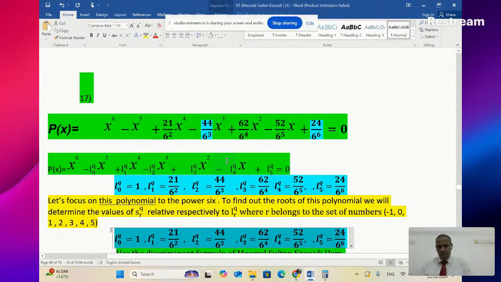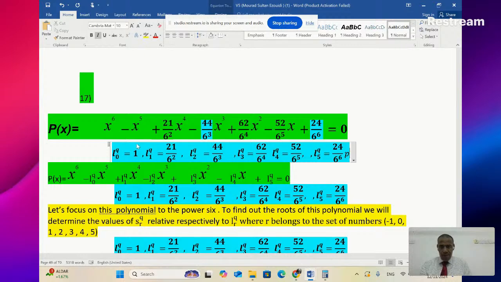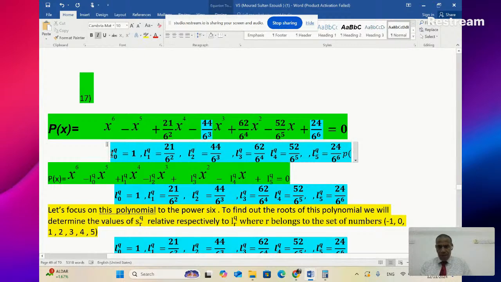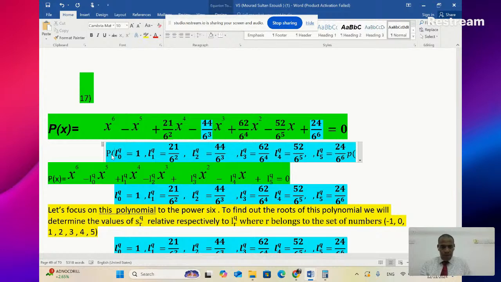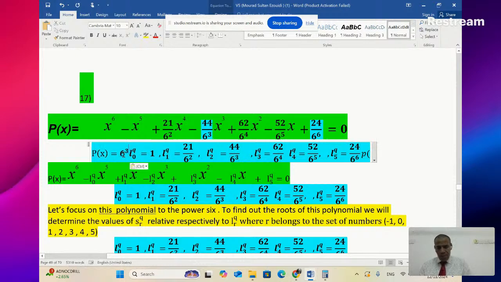So I'll just write p of x equal x raised to the power 6, this is x.